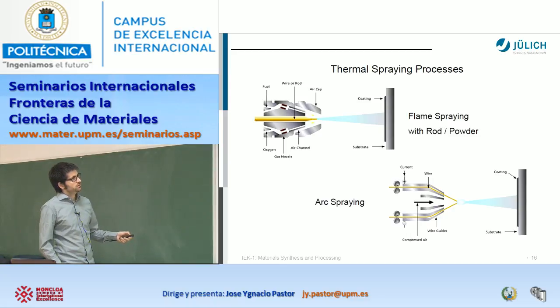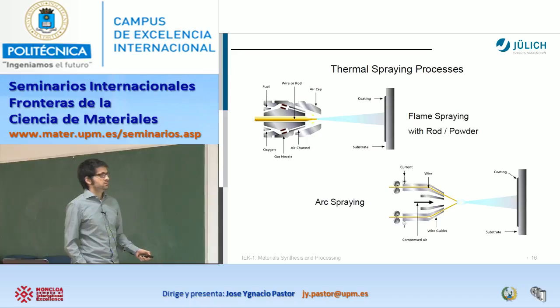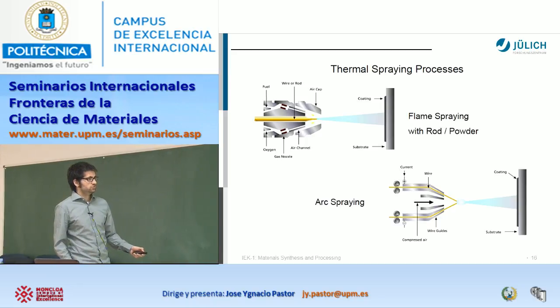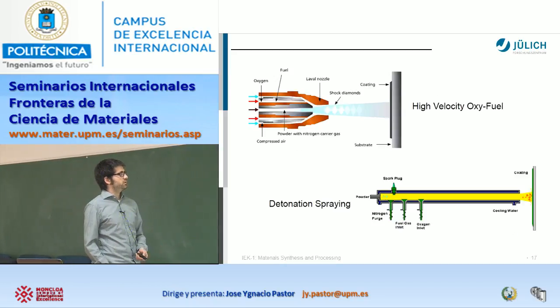Then you will melt your powder or your rod, and it impacts here, on your substrate. Another option is the arc spray. Again, you introduce here, in this case with compressed air, your powder, these wires. You produce the temperature here, and then it impacts on the substrate and produces the coating.